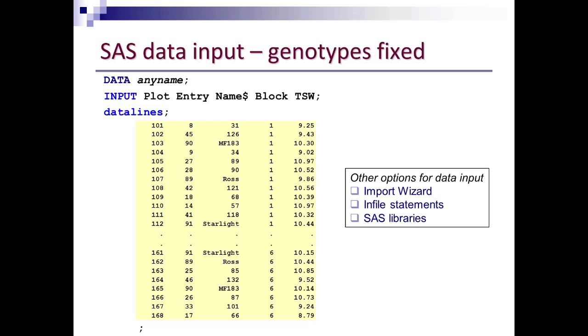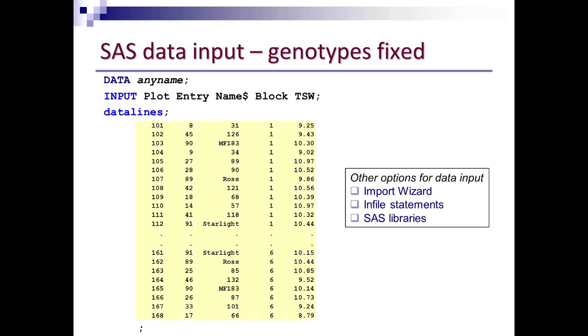Okay, so let's start out just considering our genotypes to be fixed. This is showing the format you could use for data entry. This is the simplest way, where you actually put the data directly into your program. So in SAS, you would need to assign a data name to that data set. And then you would use an input statement to indicate the order that your entries are occurring.